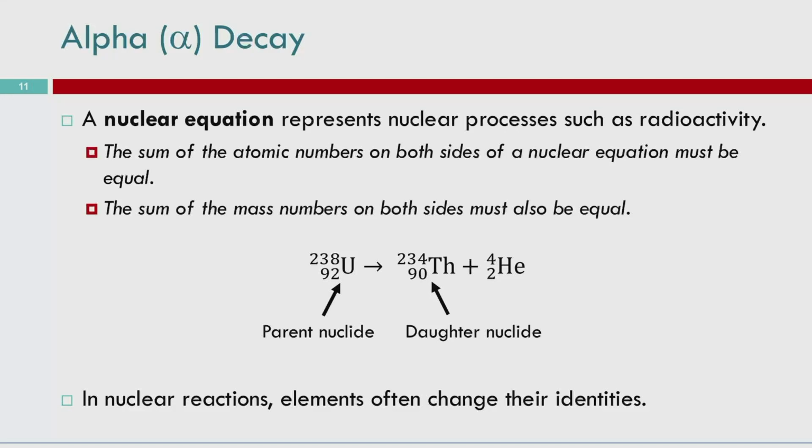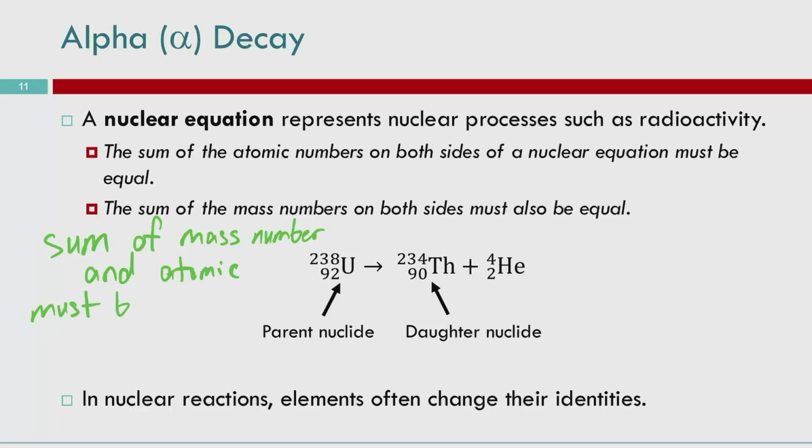In our nuclear equation, the sum of mass number and atomic number must be the same on both sides. Which is kind of what these italicized bullet points say.